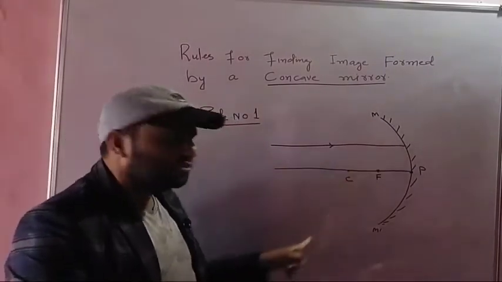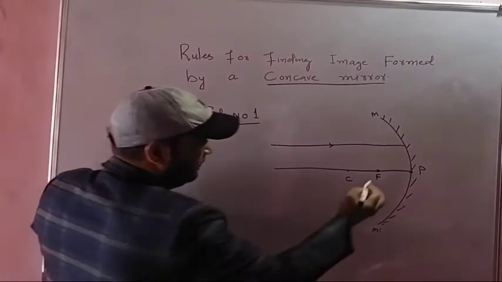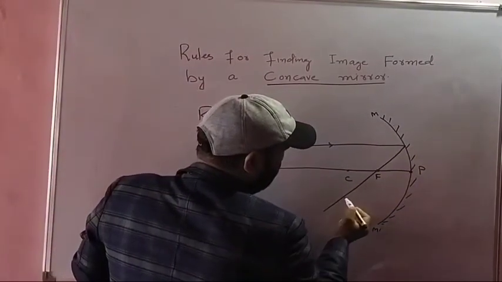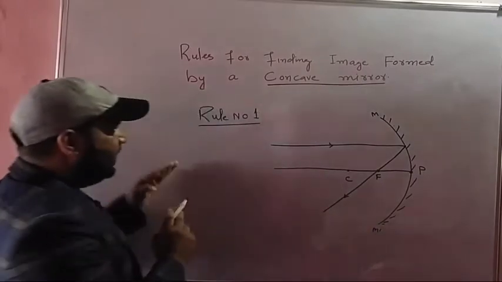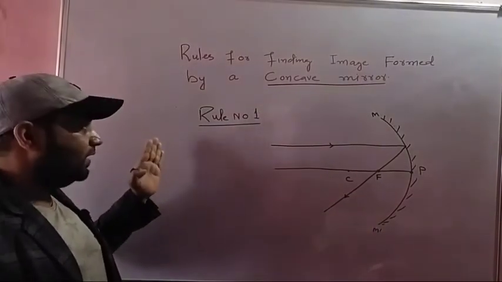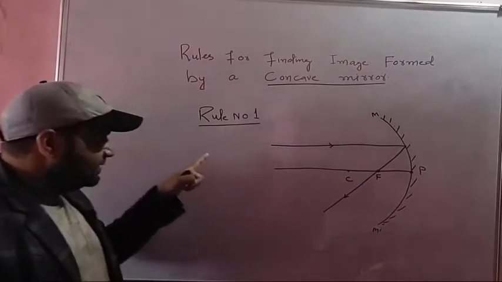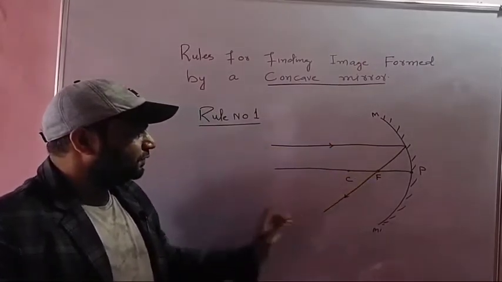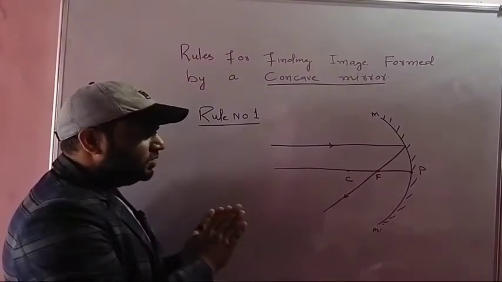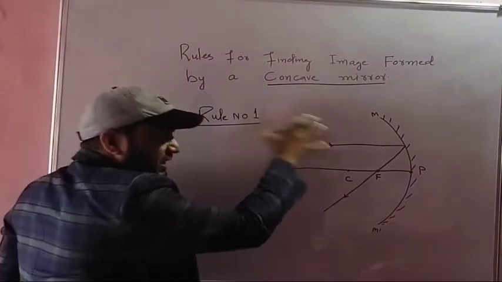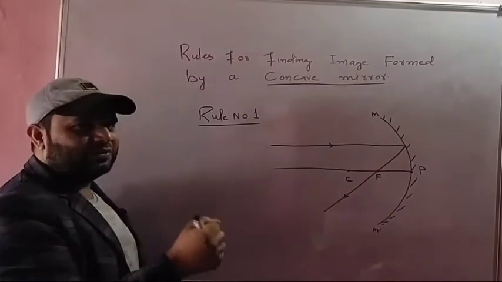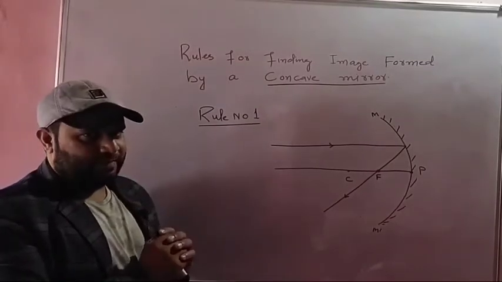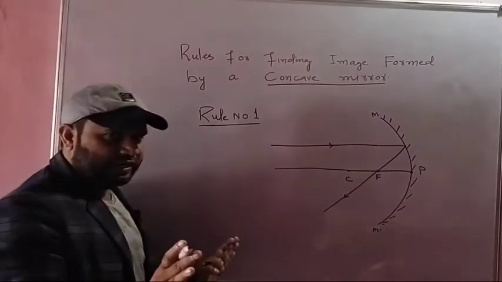It will pass through the focus. So the first rule that you have to remember is that when a ray of light or incident light is parallel to the principal axis, it will pass through the focus. This is rule number first. And these rules do follow laws of reflection. Please remember, they follow the laws of reflection. Okay, rule number first is clear.